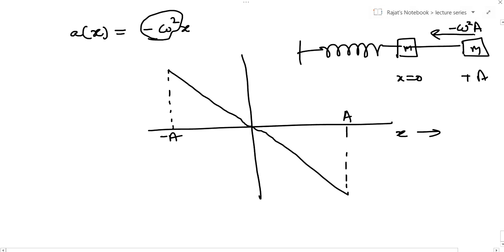So acceleration is negative and at the maximum possible value, minus omega square a. As it begins to move towards the origin, the acceleration is still negative, it is still pulling it towards the mean position, but the magnitude is coming down. At the origin, the spring is in its relaxed position, so the net force is 0 and hence the acceleration is also 0.